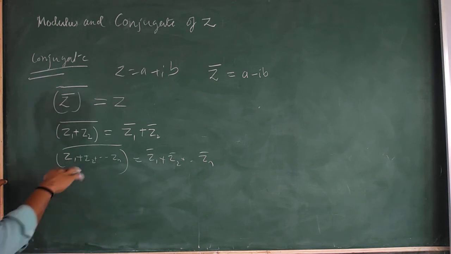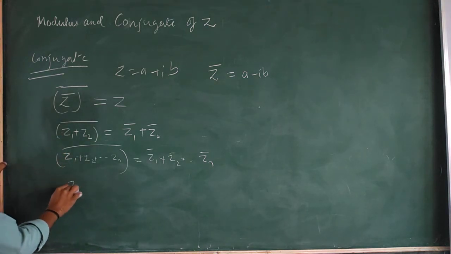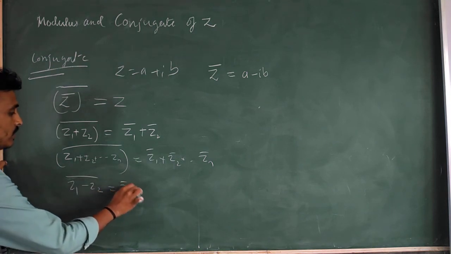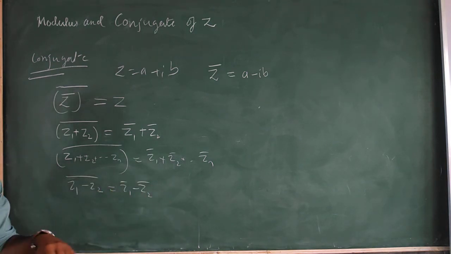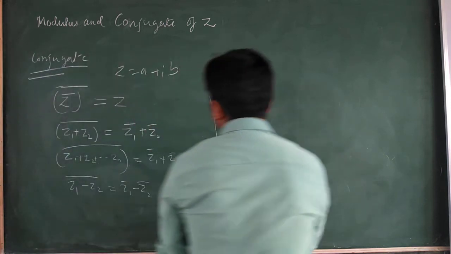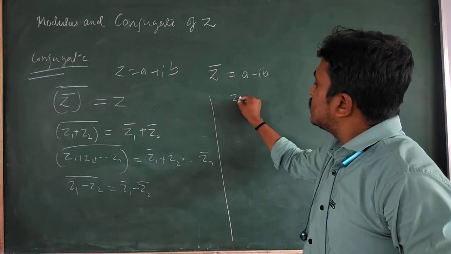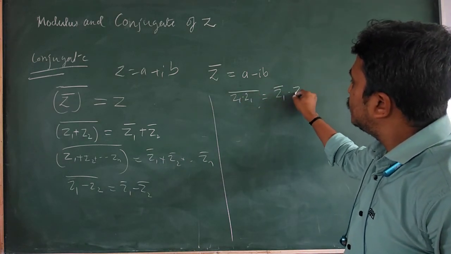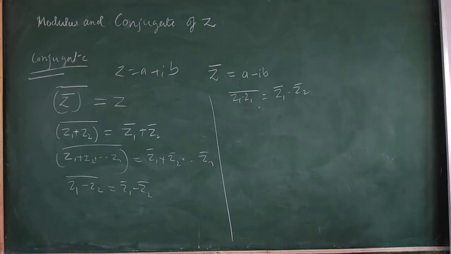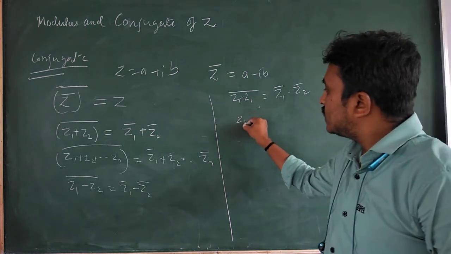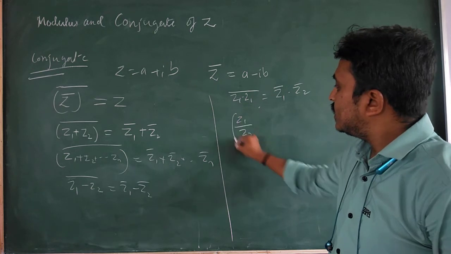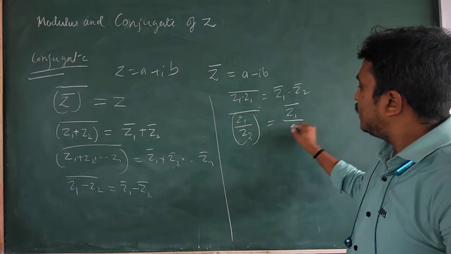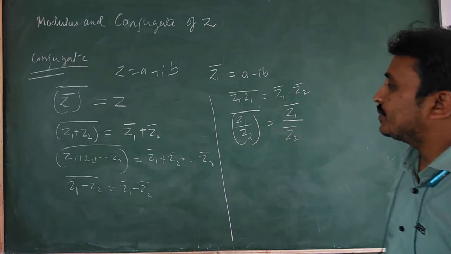Similarly, z1 minus z2 whole bar equals z1 bar minus z2 bar. Next, z1 into z2 whole bar equals z1 bar into z2 bar. And z1 divided by z2 whole bar equals z1 bar divided by z2 bar.